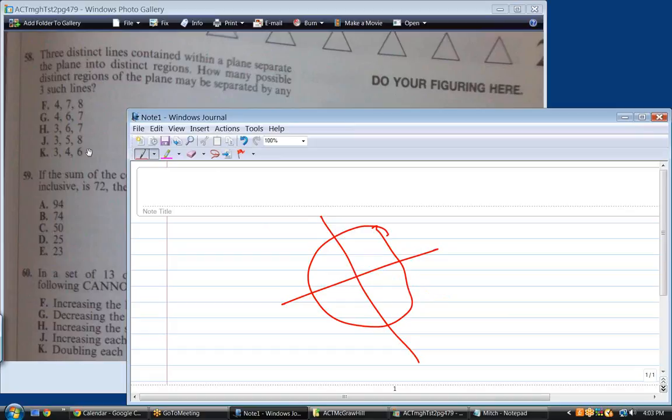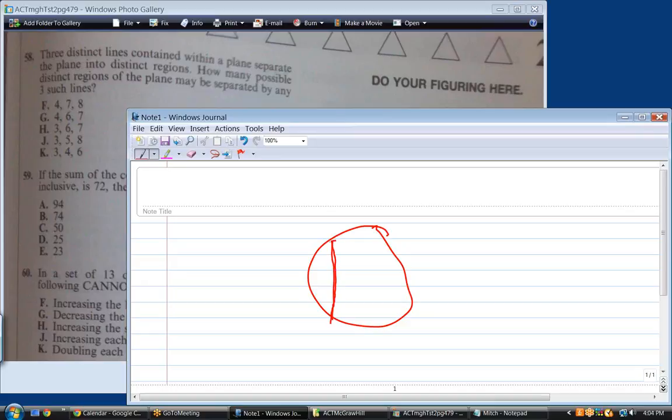And I don't think I can get 3. Let's see. If those lines are within the plane, that gives you 4. Three distinct lines, meaning I cannot have a line drawn over itself.